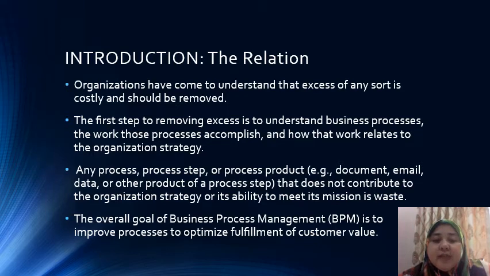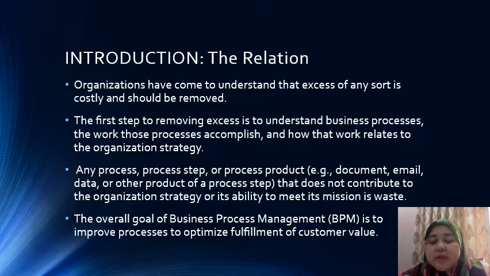So the first step to removing this excess is to understand the business process: who is involved, which unit will carry it out, the relationships between units, what the information is, what the input and output are. So we must understand the as-is process in order for us to improve it and develop an information system.